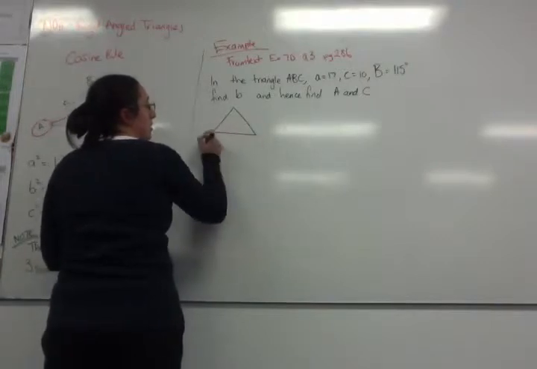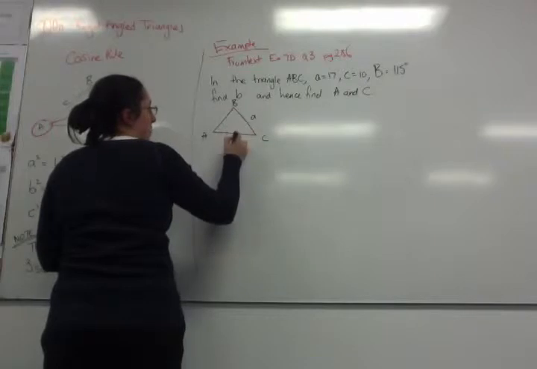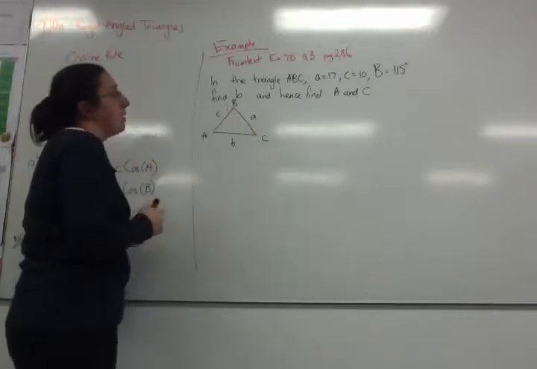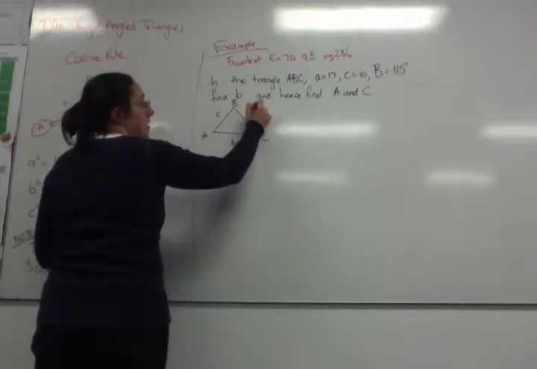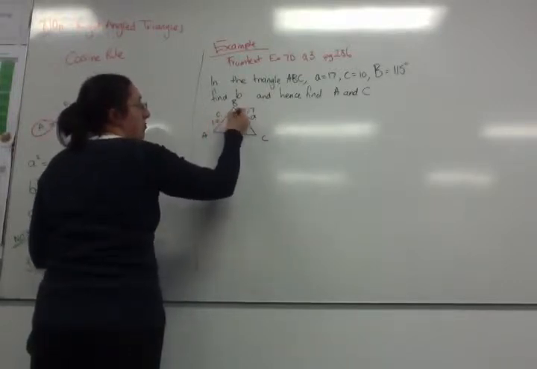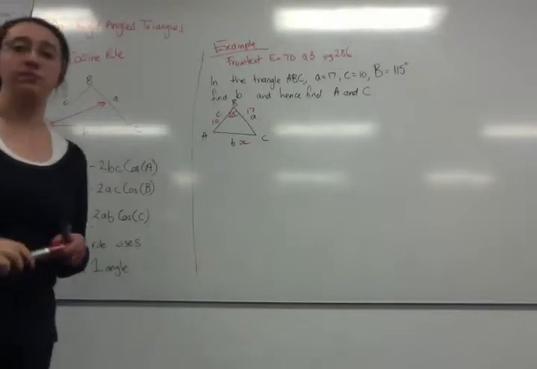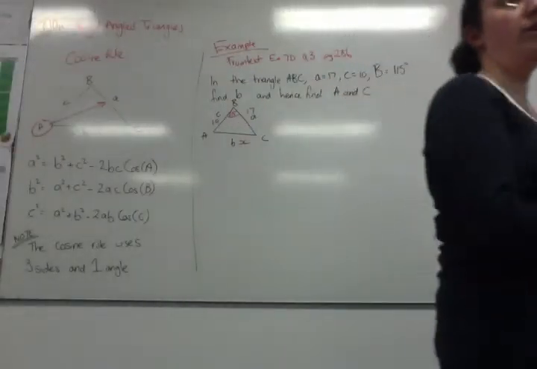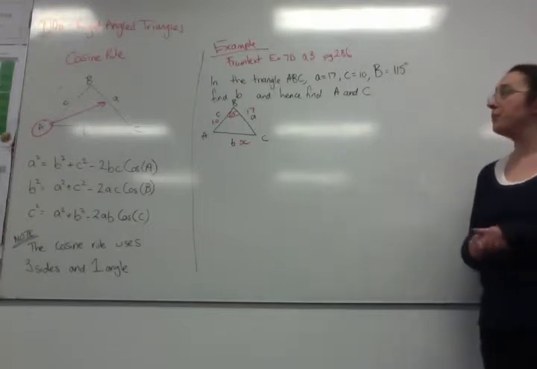We've got A, B, C. A is 17, C equals 10, B equals 115, and that's what we're looking for. Okay, does that make sense? Yeah, just filled it in for now.